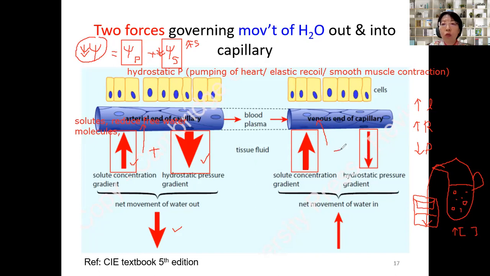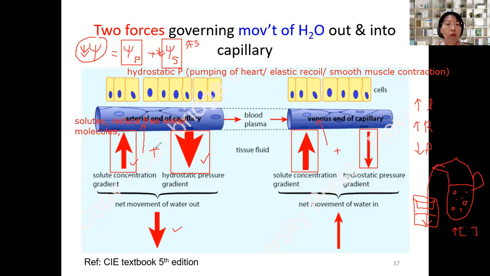So overall, when you add these two forces together, the effect of hydrostatic pressure that pushes the blood plasma out, and the effect of the solute that tends to draw the water in, overall there will be net movement of water back into the capillary from tissue fluid. So that's how the tissue fluid can flow back into the blood plasma.